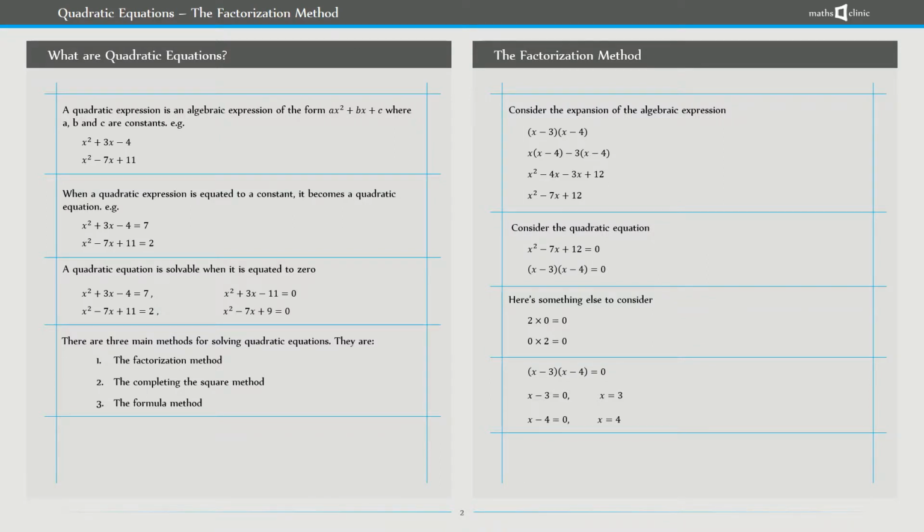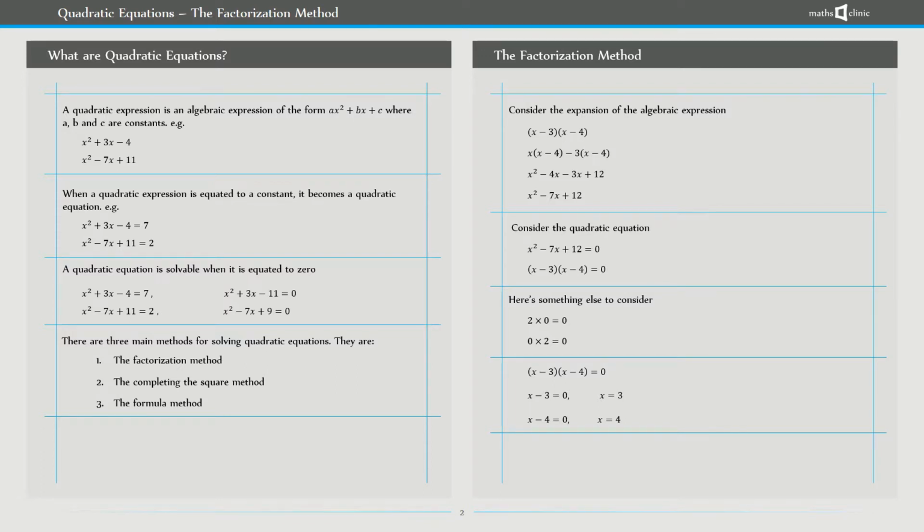But then when you are asked to solve quadratic equations using the factorization method, you would not be given these expressions in the brackets. You wouldn't be told what expressions are equal to the quadratic expression. For example, in this case, we're given x squared minus 7x plus 12 equals 0, and in a way, we got a hint that this is the same as x minus 3, x minus 4 equals 0.